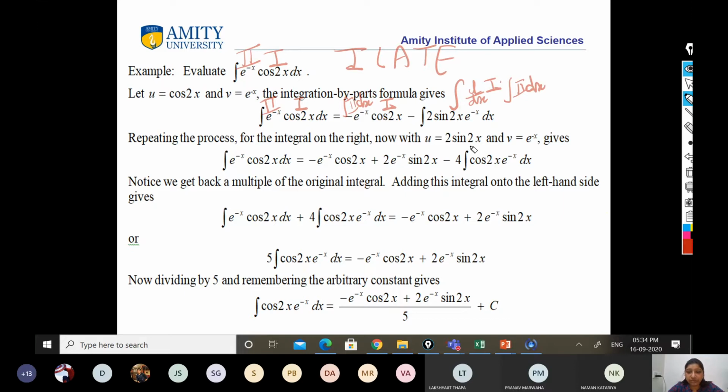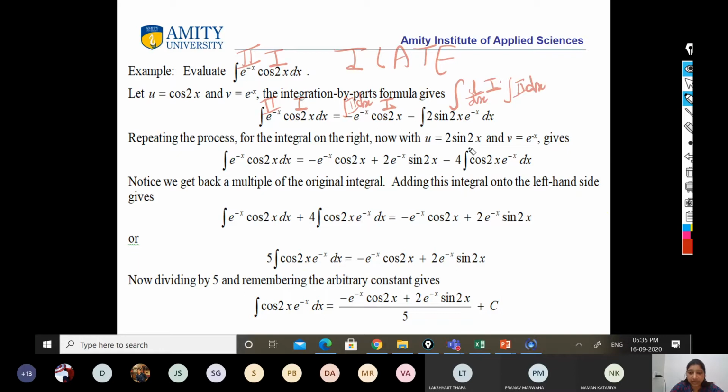Now with u equals 2 sin 2x and v equals e to the power minus x, and solving it, you will get minus 4 times integral of cos 2x e to the power minus x dx. That means again we get the same integral. So again in the LHS we have the same value.